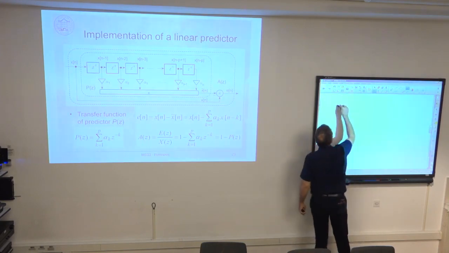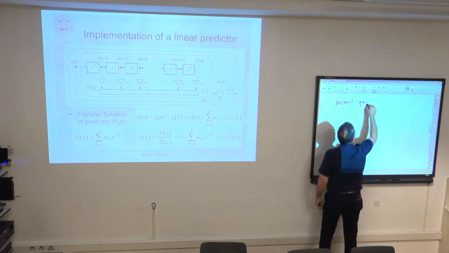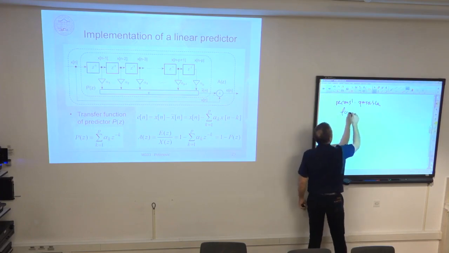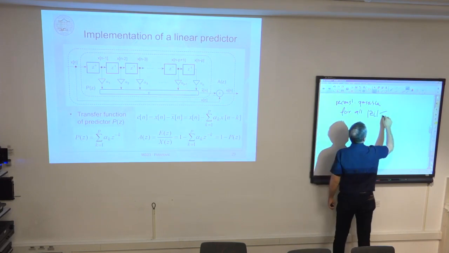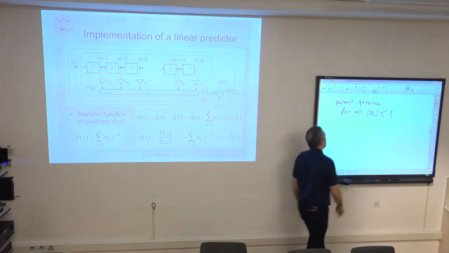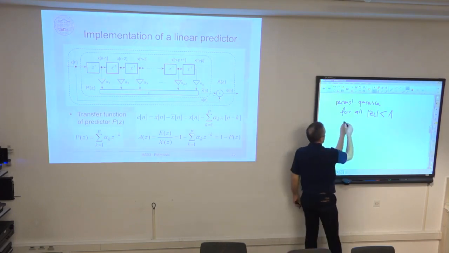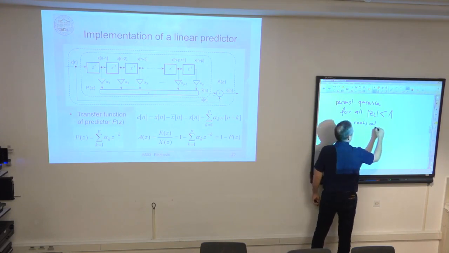So reconstruction is possible for all z with absolute value less than 1. So all the z_i are roots of the original polynomial A of z.